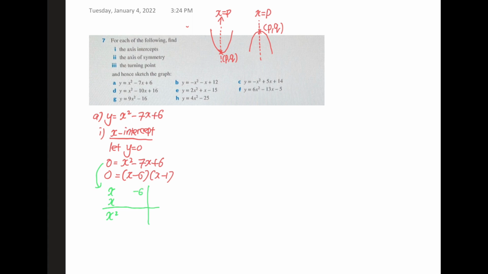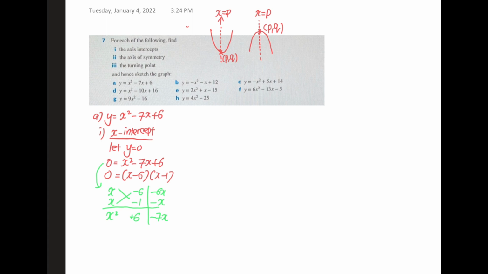I take negative 6 and negative 1. When I multiply them, I get positive 6. When I add them up, I get negative 7. So it works, and that's why the first factor is x minus 6, and the second factor is x minus 1.